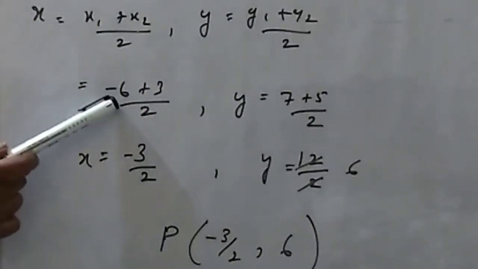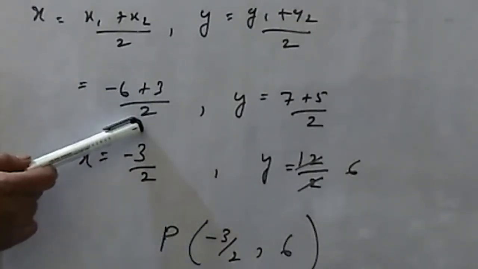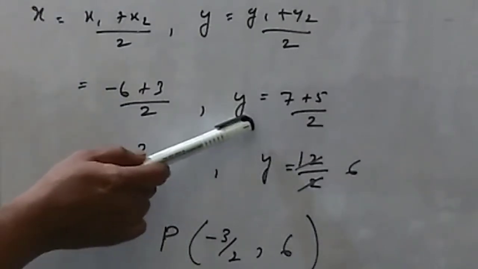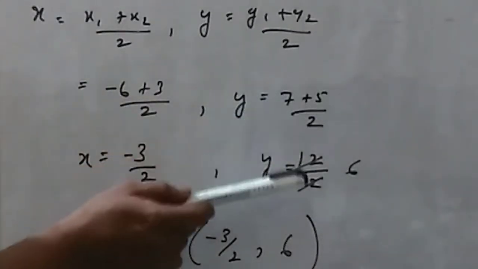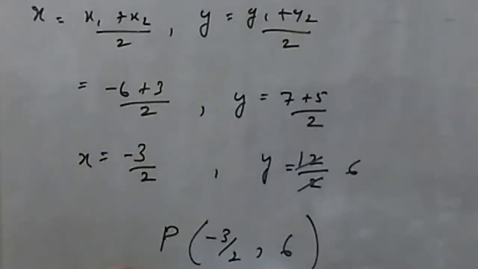Put the values of x1 and x2: minus 6 plus 3 upon 2. So it's minus 3 upon 2, that is x. And y is equal to 7 plus 5 upon 2. So 12 upon 2, cancel it, you will get 6. P is minus 3 upon 2 and 6. This is the answer.